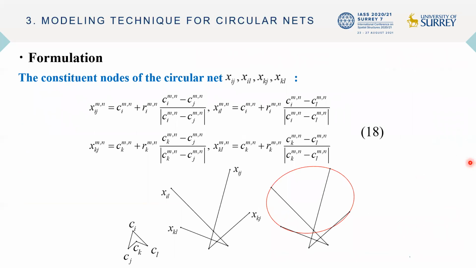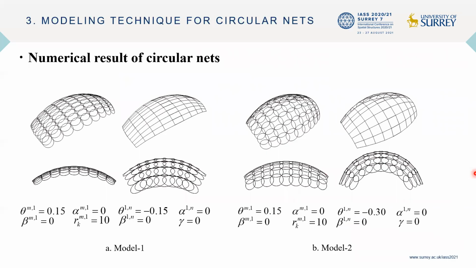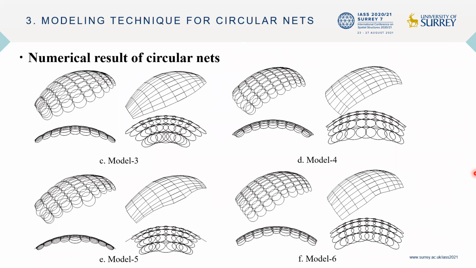By finding center points and signed radii of all oriented spheres, constituent nodes of circular nets can be found by this equation, obtained from the formulation indicated in the slide. From these results, circular nets can be obtained by solving nonlinear equations formalized by Lie sphere geometry. By giving different parameters, these results can be found.